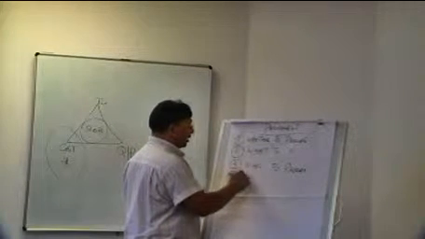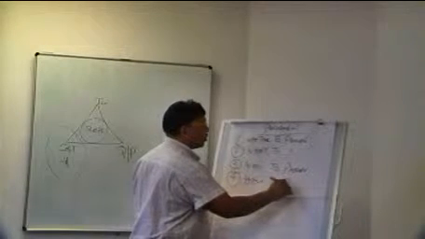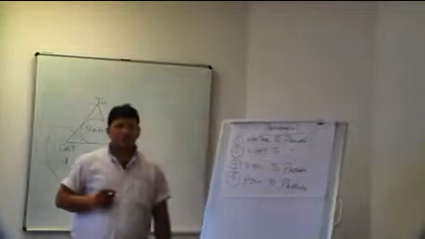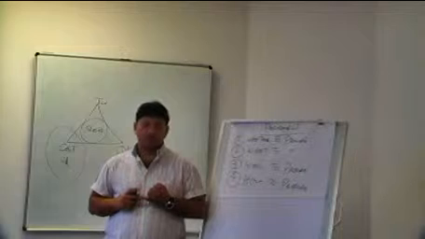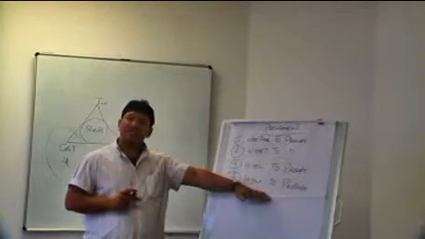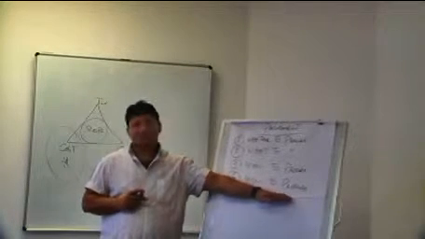Number four is how to procure. How would you go about procuring? What are the necessary documentation for procurement? What do you need? Because procurement is all about legalities as well. You cover a lot of legal aspects.